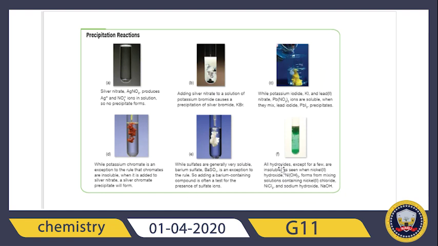For hydroxides, guys, all hydroxides except for a few are insoluble. For example, here we have nickel hydroxide. Nickel hydroxide is insoluble, and the precipitate will form when you mix a solution of nickel chloride and sodium hydroxide. So the nickel hydroxide precipitate will form.